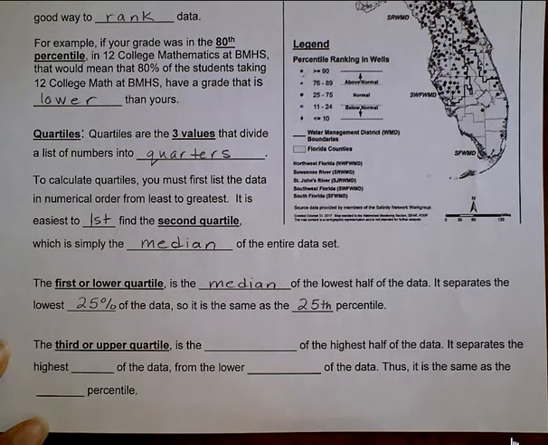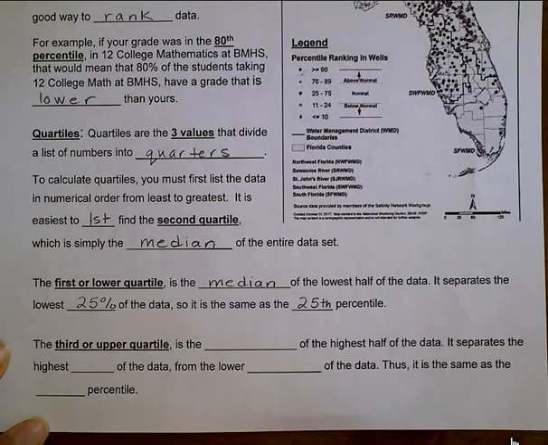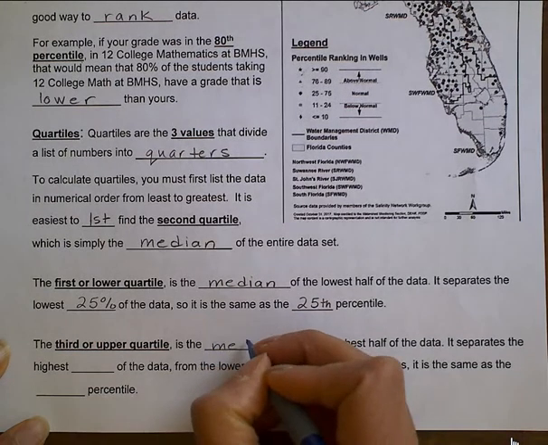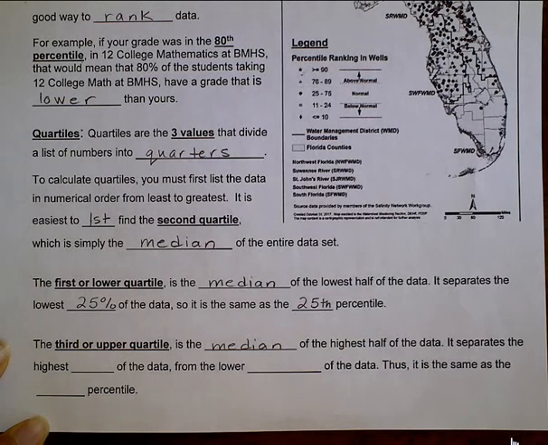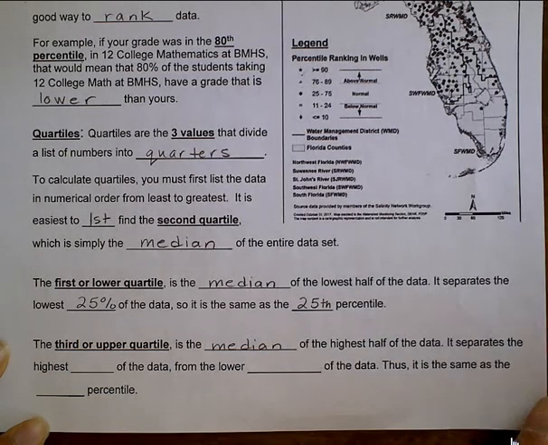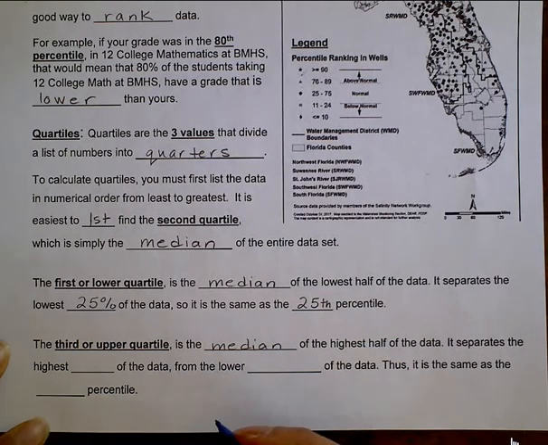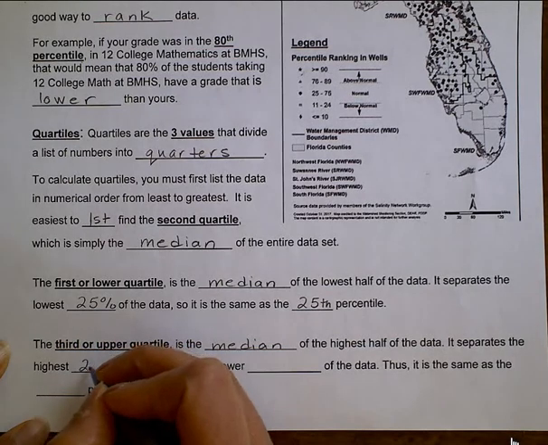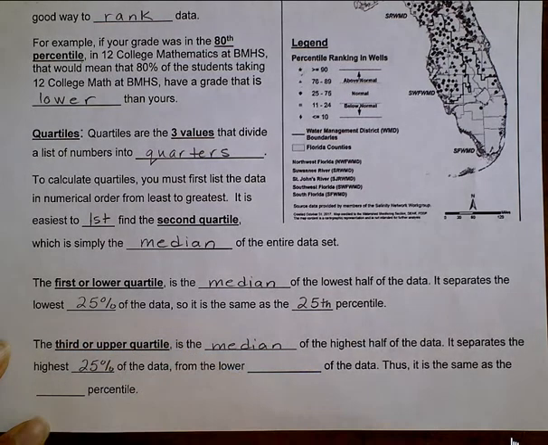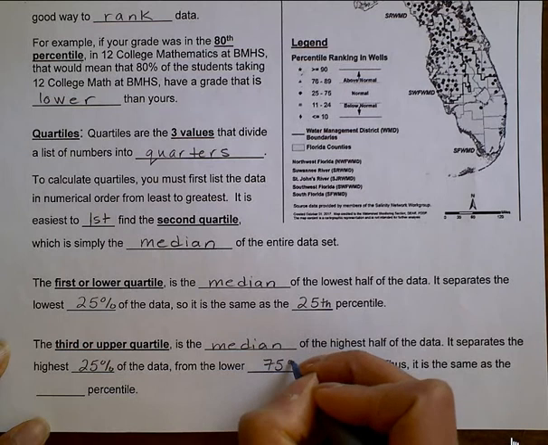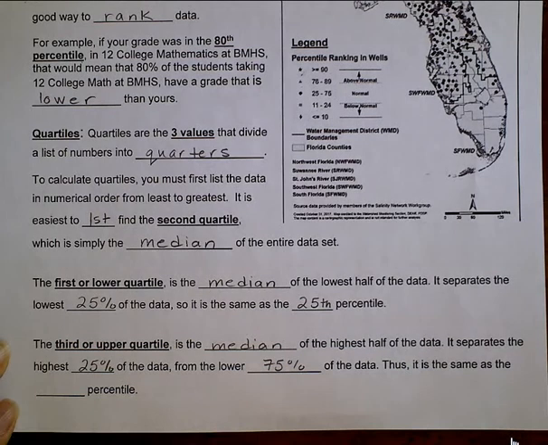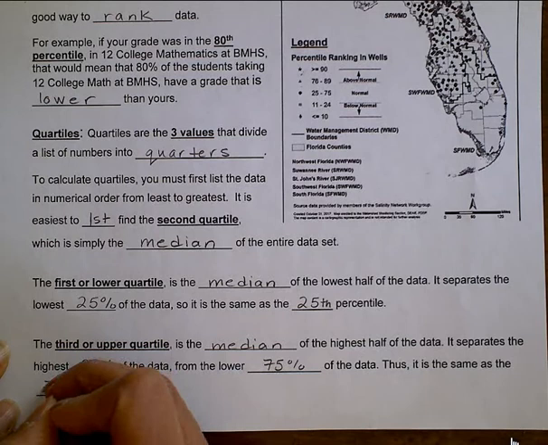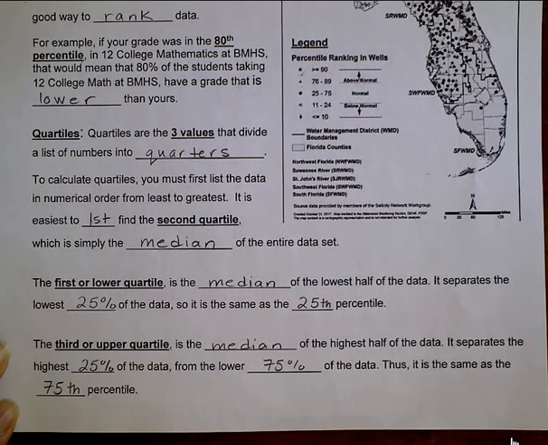The third or upper quartile is the median of the highest half of the data. It separates the highest 25% of the data from the lower 75% of the data. Thus, it is the same as the 75th percentile. Okay, you'll see this better with our next example.